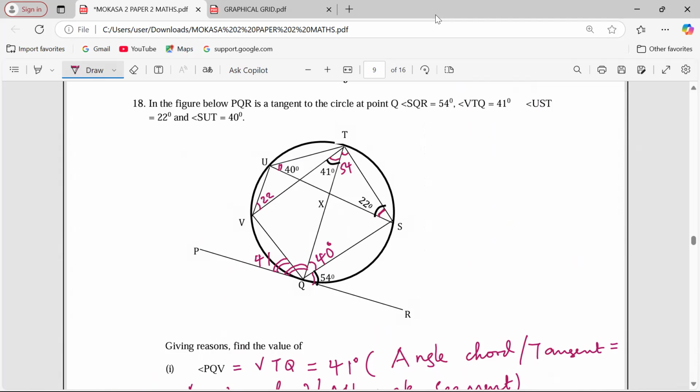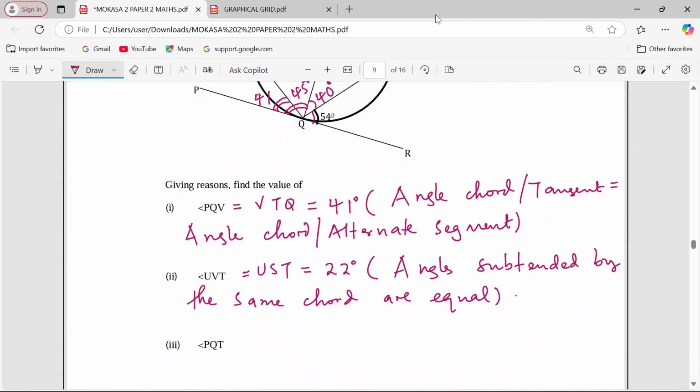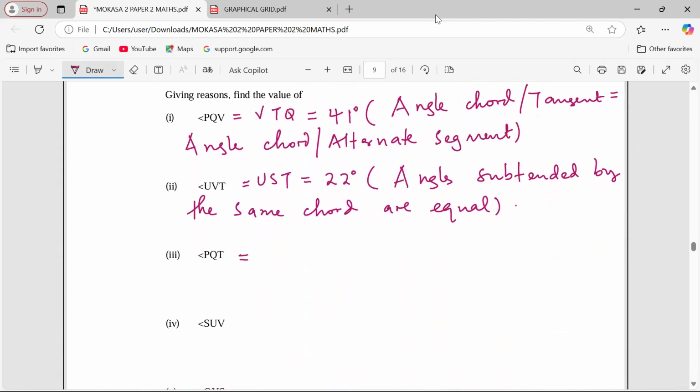That becomes exactly 45. So if that is 45, then the angle PQT equals 41 plus 45. This is 86, yeah, 86 degrees.